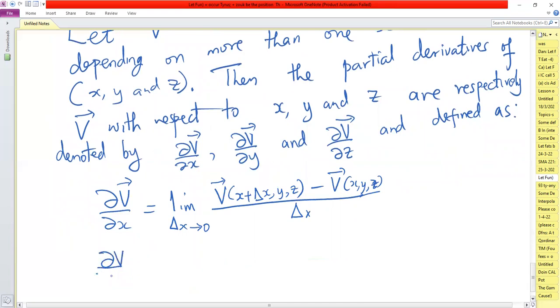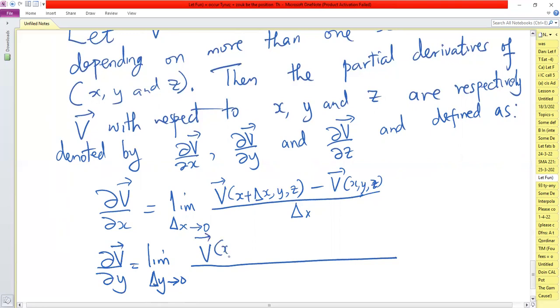Partial v partial y is the limit as a small change in y approaches 0 of v of x, comma y plus change in y, comma z, minus v of x, y, z, over change in y.